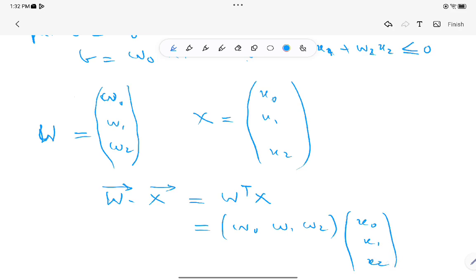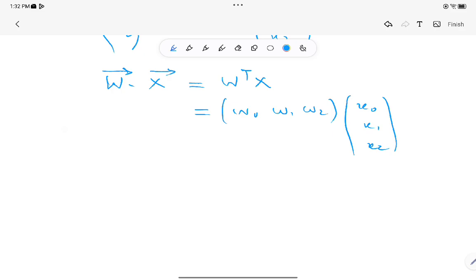And the dot product that we take is simply w0 x0 plus w1 x1 plus w2 x2. This is the dot product.